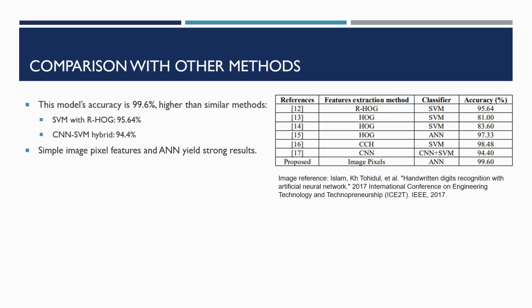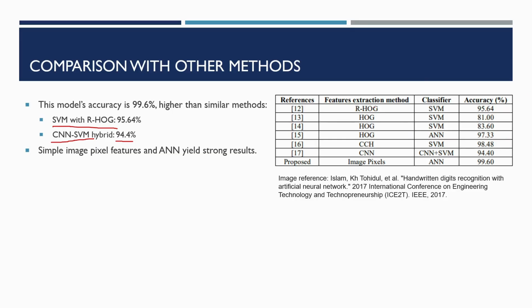For example, in previous studies using SVM with RHOG features achieved 95.64% accuracy, while the CNN SVM hybrid achieved only 94.4% accuracy. Here the authors' ANN trained directly on pixel data without complex feature extraction achieved a high accuracy of 99.6%, demonstrating the power of this simple yet efficient approach.